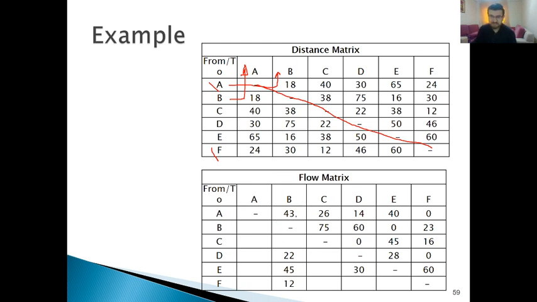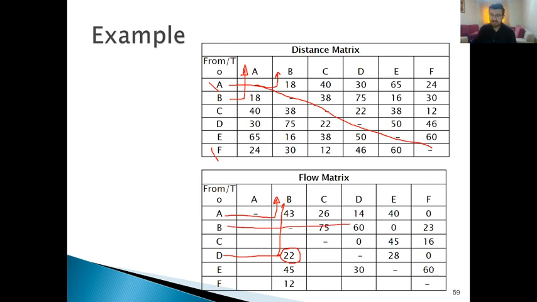In this flow matrix, we see that from A to B, I make 43 trips every day, every week, or 43 pallets of products are moved from A to B in a day. From D to B, 22 pallets are transported.